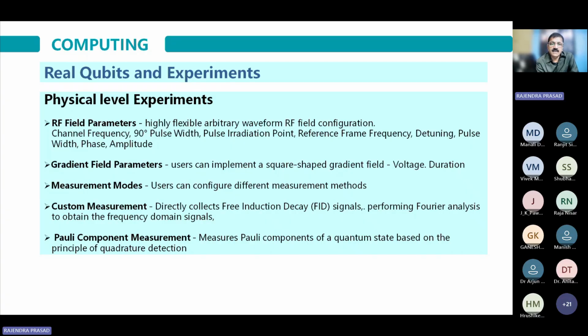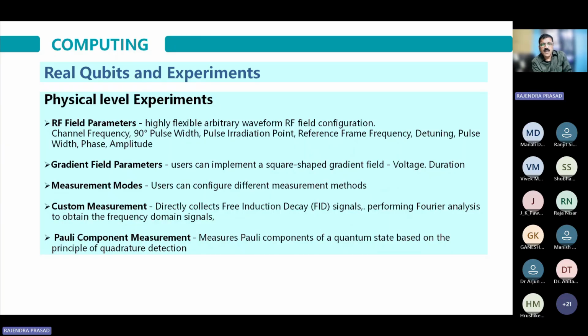We have to understand the usage part of it, what affects an RF signal, and what are all the components involved in RF. And also the type of pulses we give and also the kind of gradient field. These are all other parameters which can affect that.